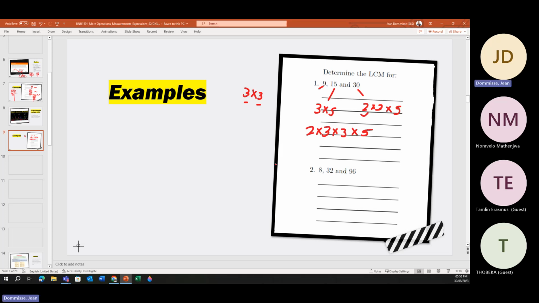So that would have been your lowest common multiple. Depending on what your answer set is, they can also have it as a number. So they can also say, well, 2 times 3 times 3 times 5 is equal to 90.